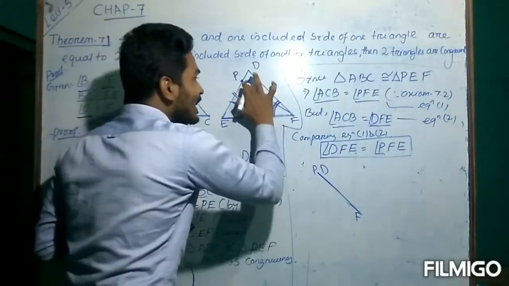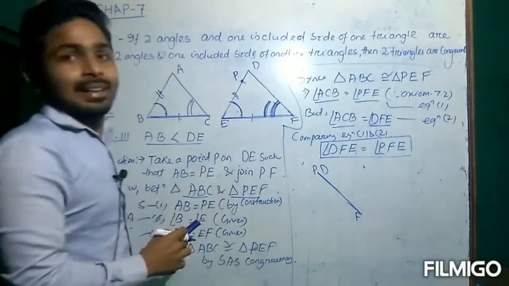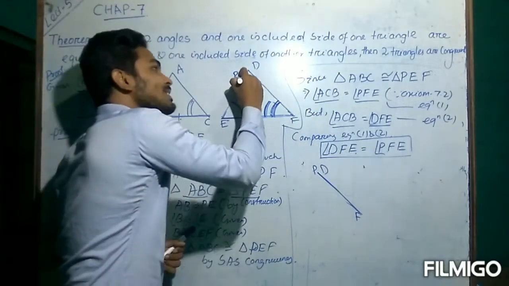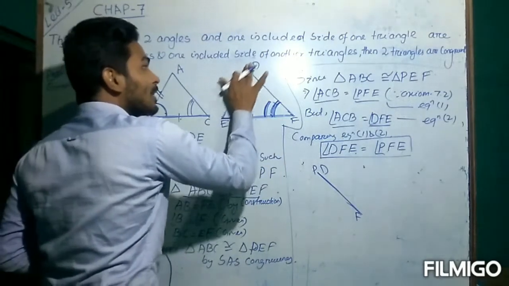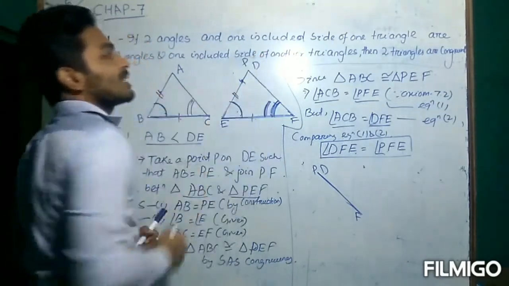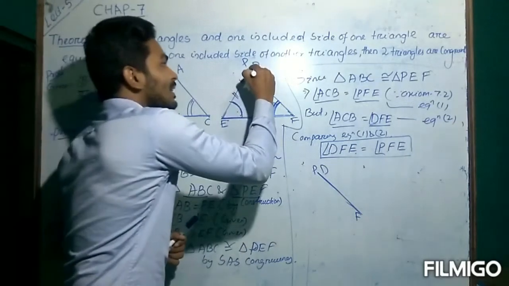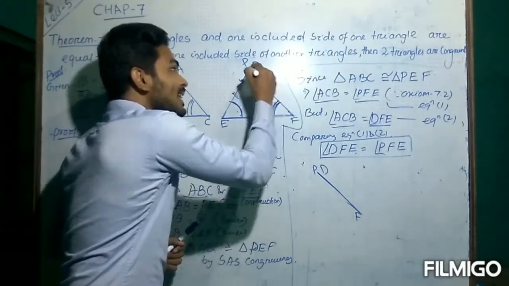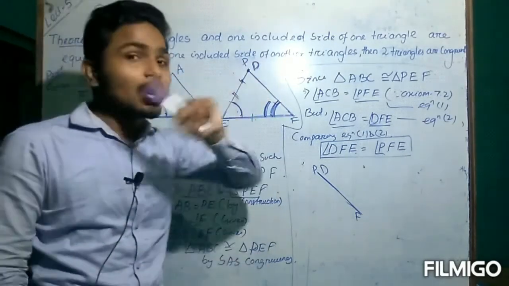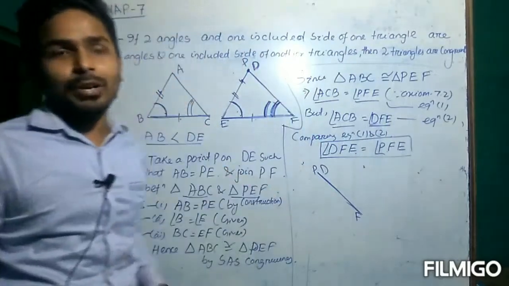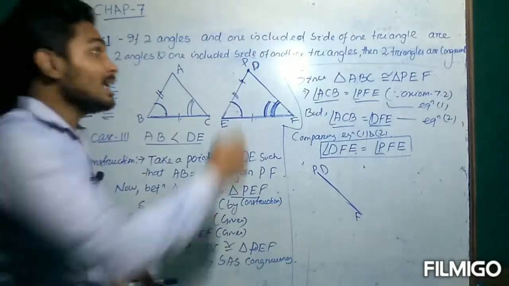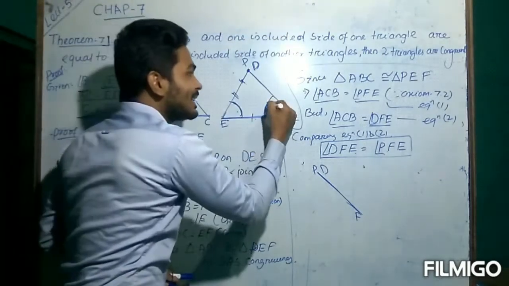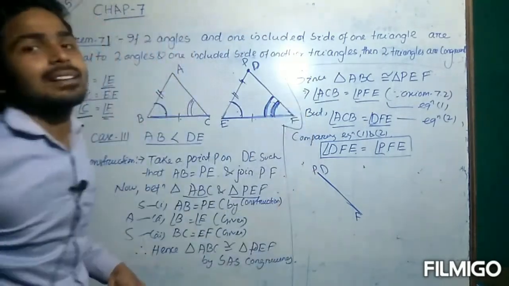If this lies on DF, then what will happen? Then this point P will shift to the point D. So we can say that point P and point D are not different points, they are the same point, because the point P coincided on D. If P coincided on D, then this angle is equal to this angle.